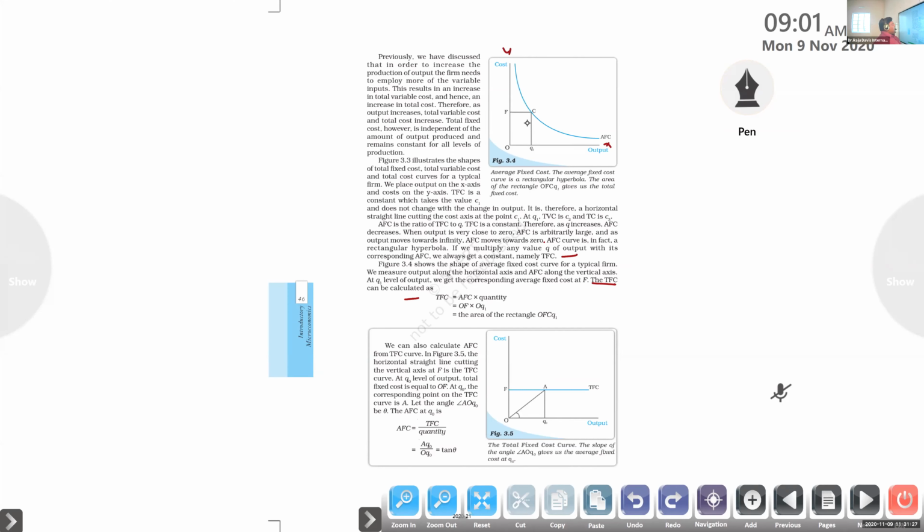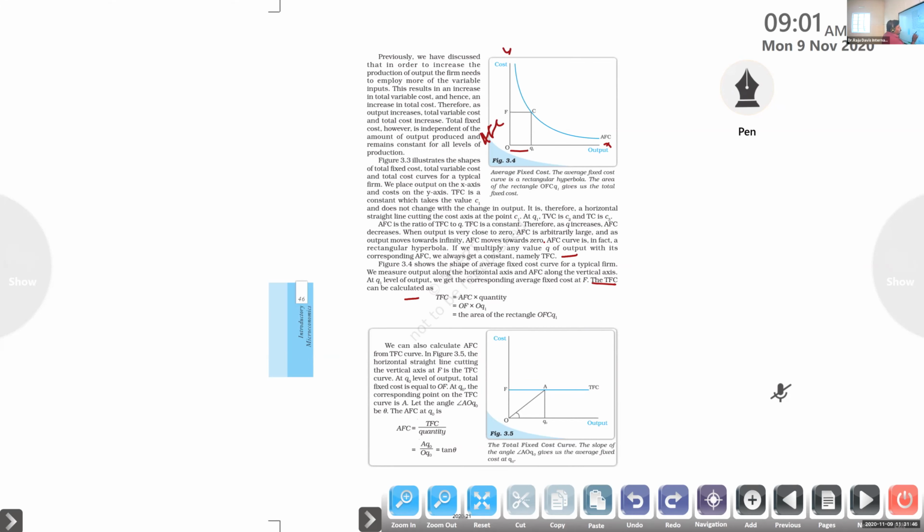OF is the AFC, multiplied by the quantity, OQ1.